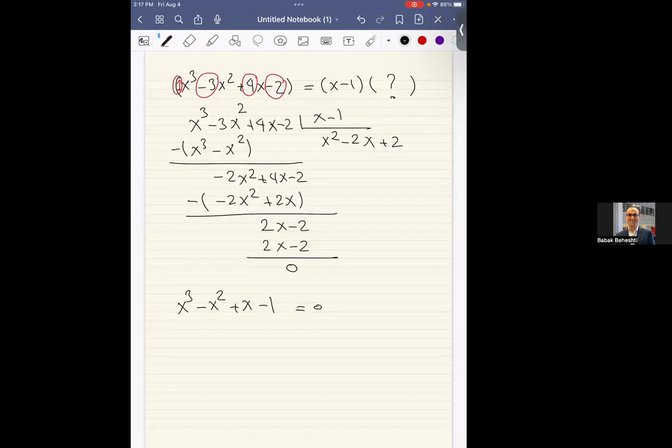If that equals 0, that's x minus 1. If some x makes the whole thing equal to 0, basically if you have a 0 or root of the equation, then that is the corresponding factor.